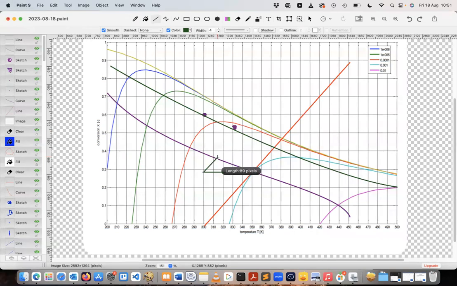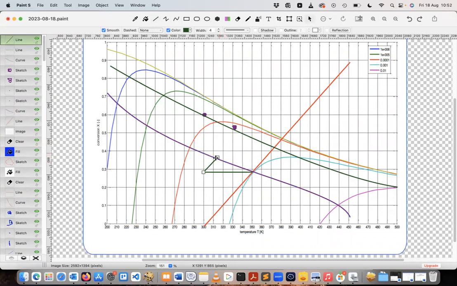If we wanted to stick to high efficiency, then your maximum rate path line tells us this is where we have to stop. So you could say, well, it's really not worth building a reactor that only does this much work, that only gives me less than 10% more conversion.